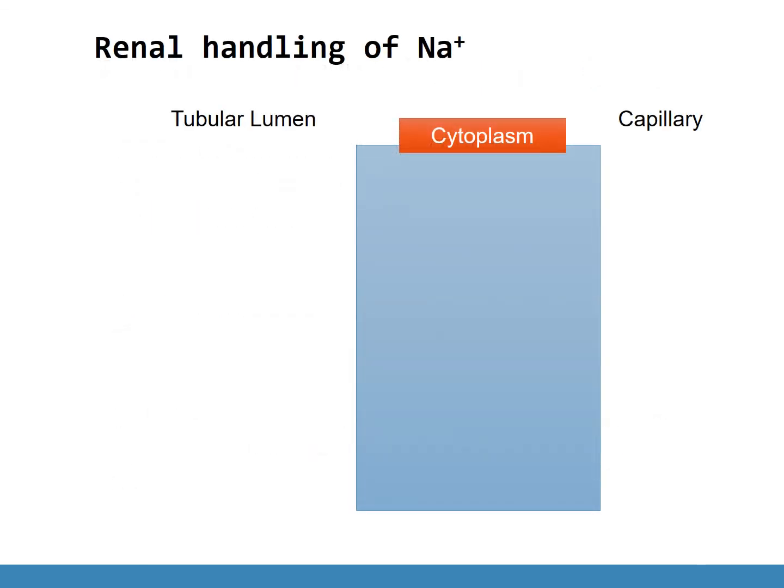Now let's look at the renal handling of sodium. We have actually covered it previously, but let us put it in one slide together, all the different parts of the renal tubules. Now for sodium reabsorption, this is a global phenomenon.